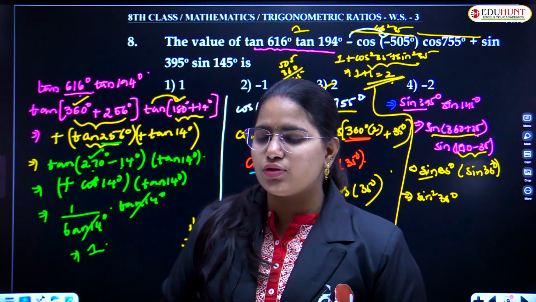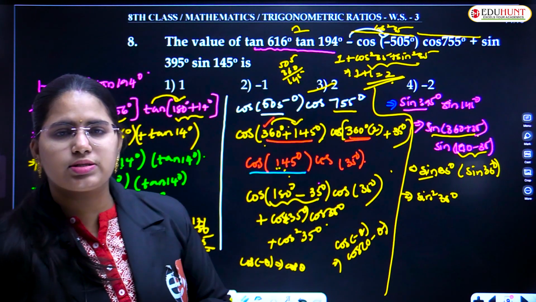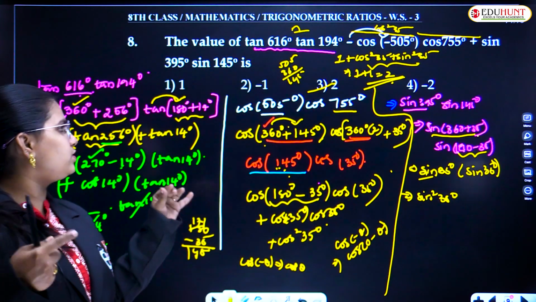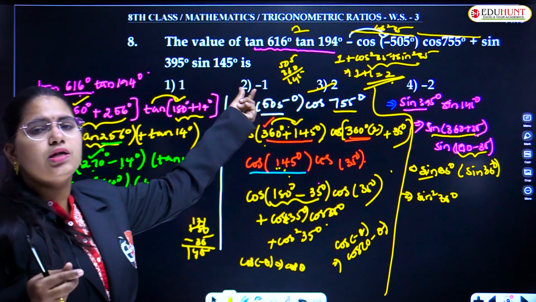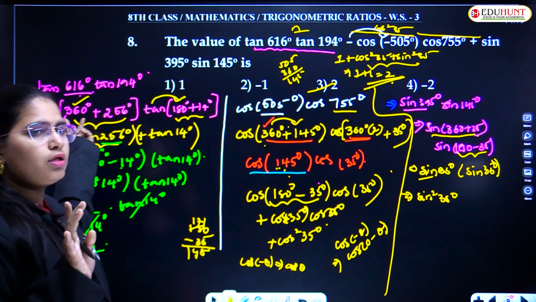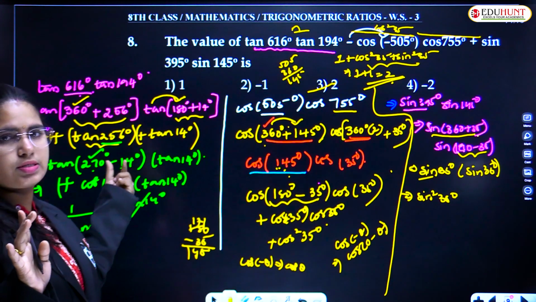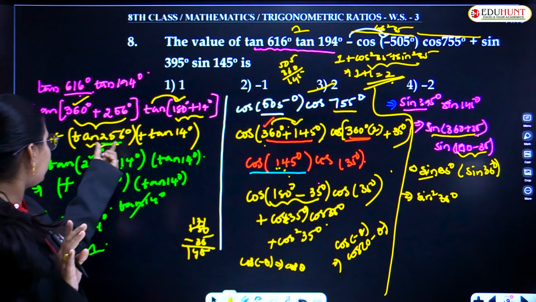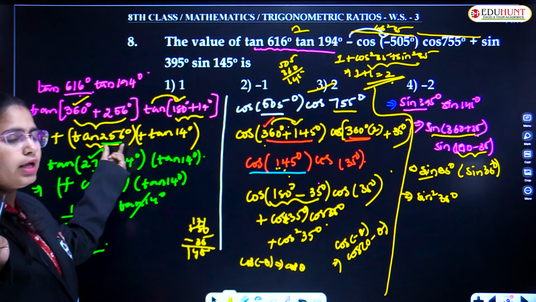So can I get back to the next problem? Before that, I just recall this problem once again: tan 616 with the help of the allied angles concept. I am writing it in the form of 360 plus 256. Again 256 is an unknown angle for us.